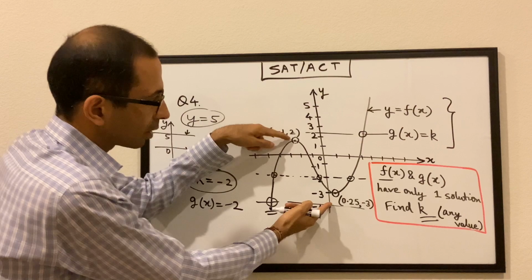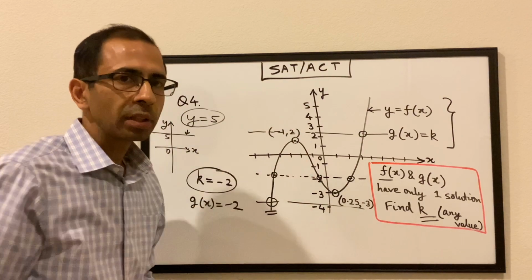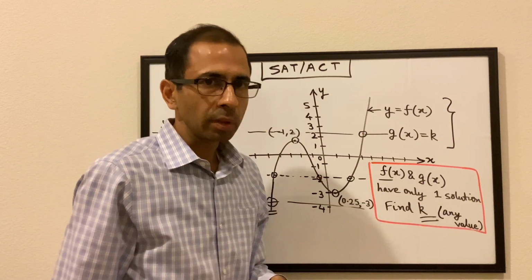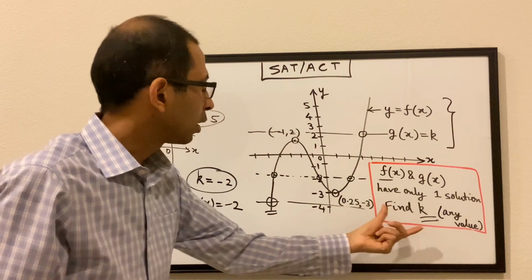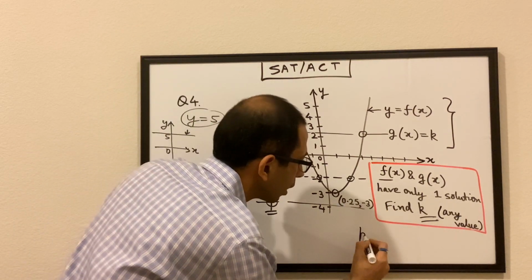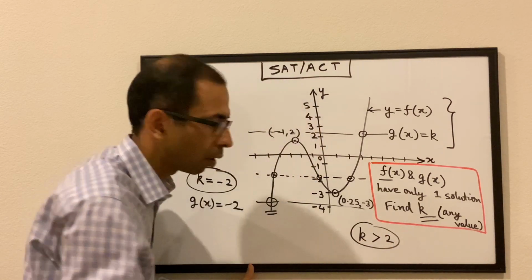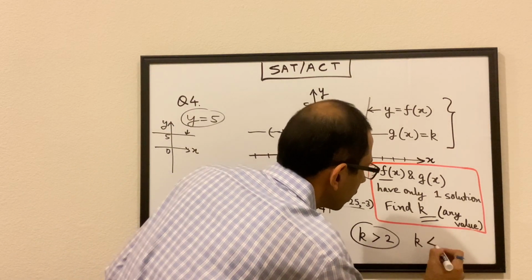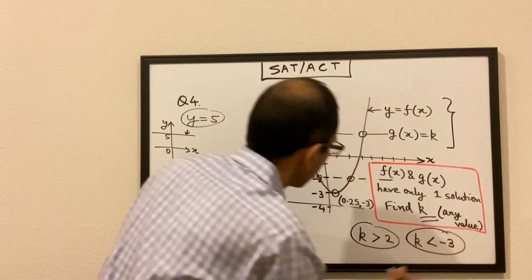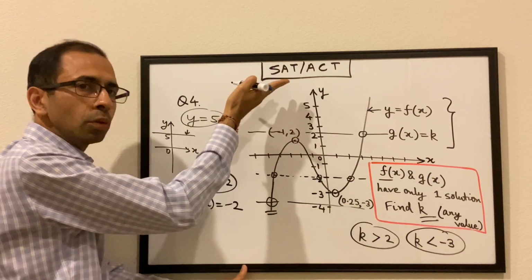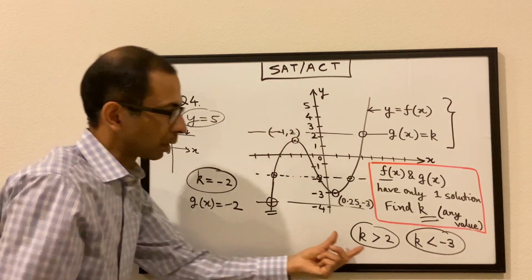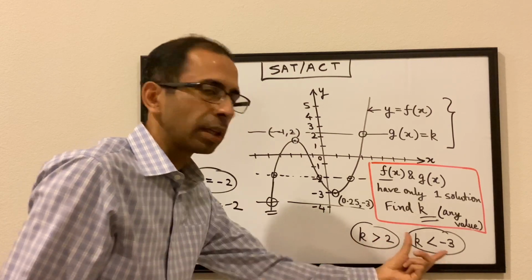Between 2 and minus 3 it will have multiple points of intersection, so it will have multiple solutions, right? So our value of k could be any value greater than 2 or any value less than minus 3. So either above 2 or less than minus 3. We can pick any value, or this is the range.